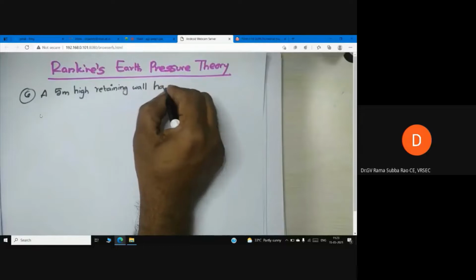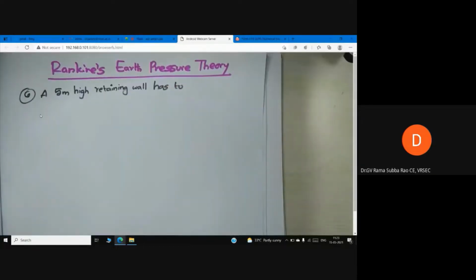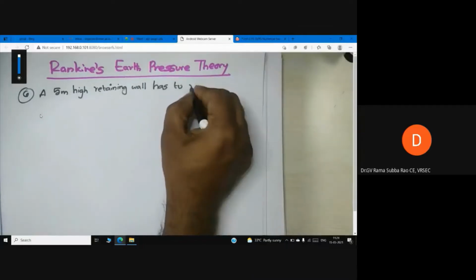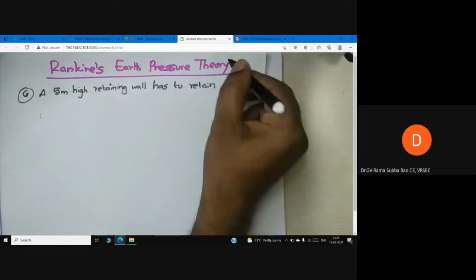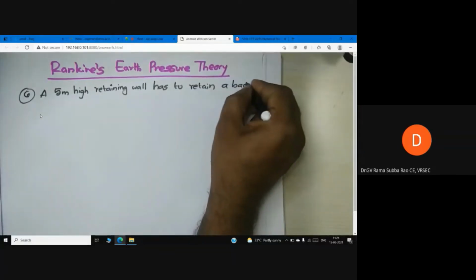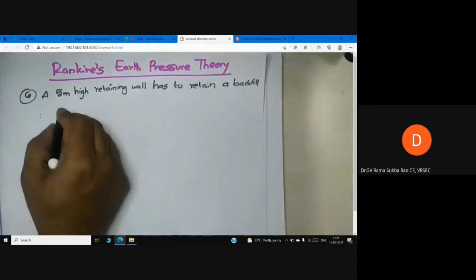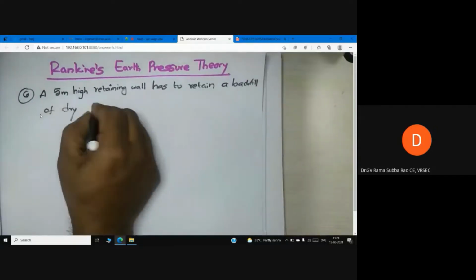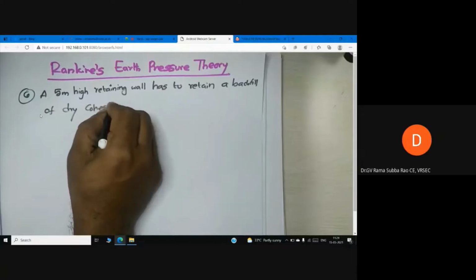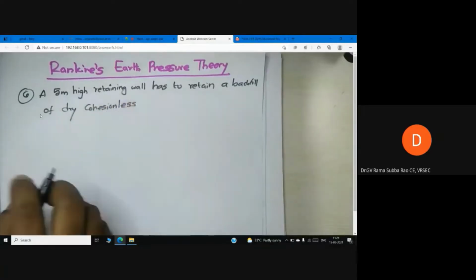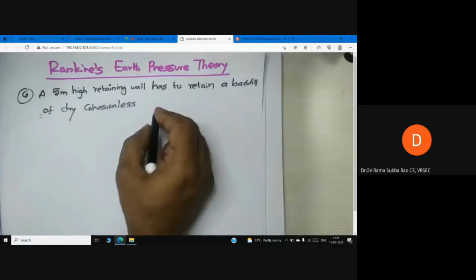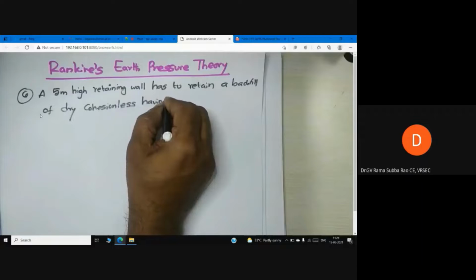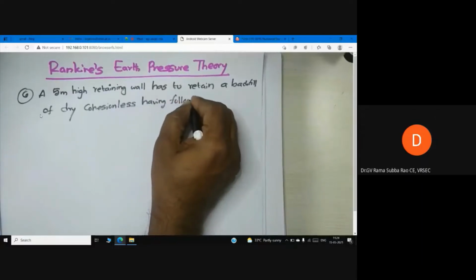A wall has to retain a backfill of dry cohesionless soil having the following properties.